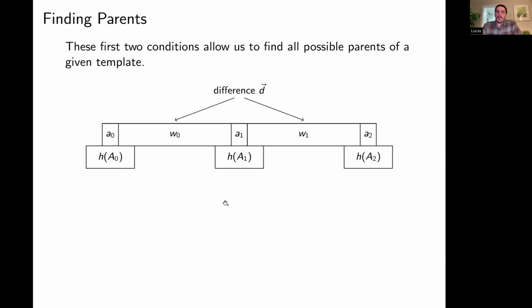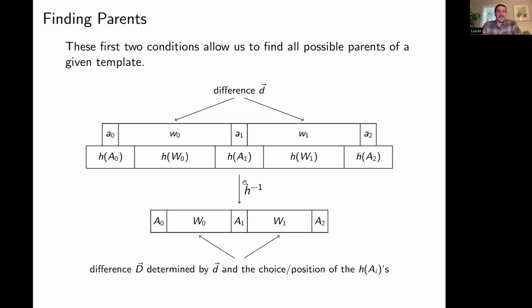And then once you sort of position those blocks, well, the W0 and W1 are kind of determined, right? Because you can just take the inverse of H and figure out what W0 and W1 have to be, right?